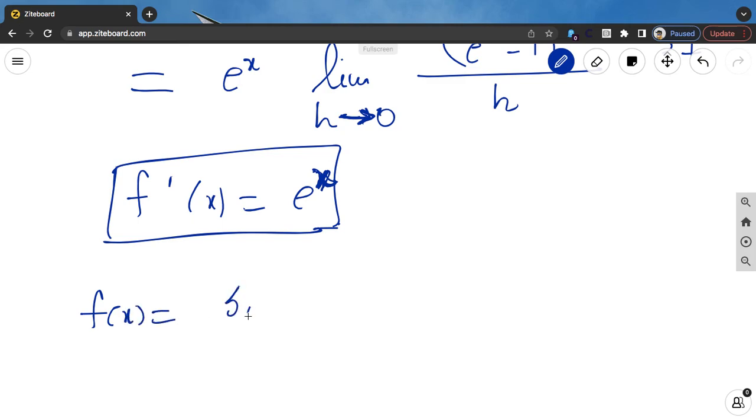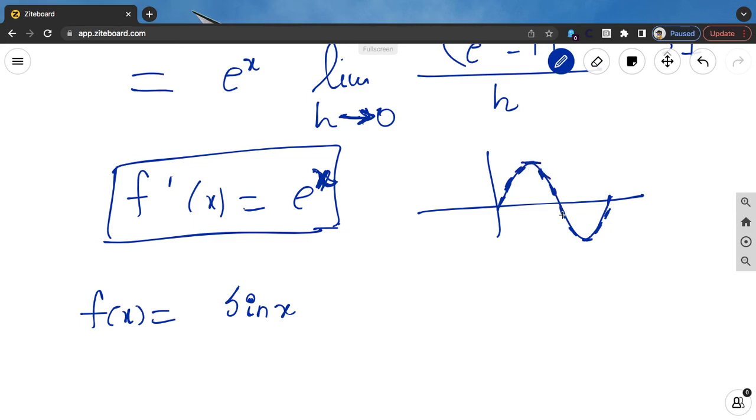So I'm starting with f of x as sin x. And in the class, I told you to think about it. That sin x, the slope, what is happening to the slope? What does it look like? So it starts with a positive slope, it goes on becoming less and less positive till it's 0.